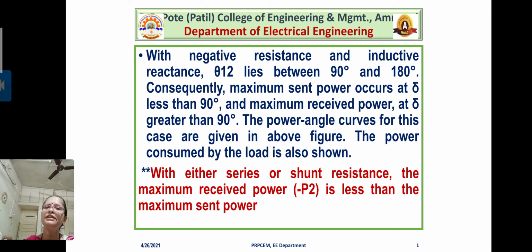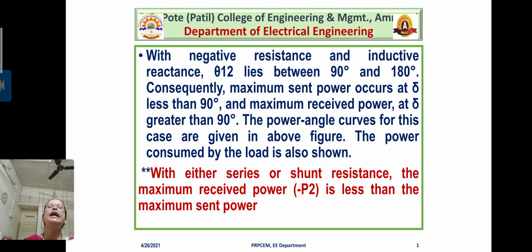So with either series or shunt resistance, the maximum received power is less than the maximum sent power. This is true. Whatever may be the resistance, connected in series or shunt, the maximum received power is always less than maximum sent power because of that resistance connected in series or in shunt, the losses are occurring. I square R loss will be there.